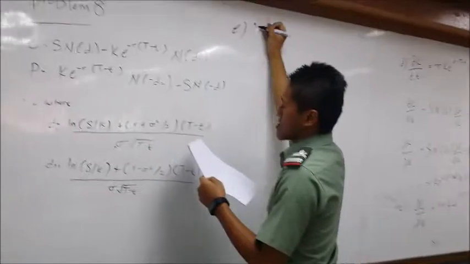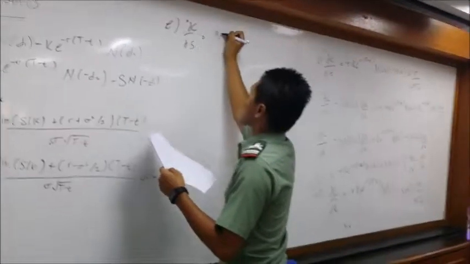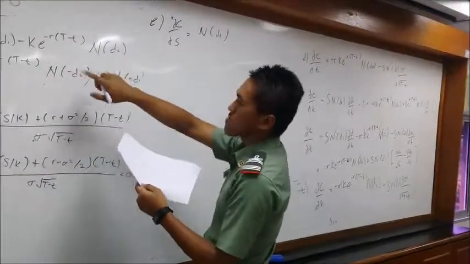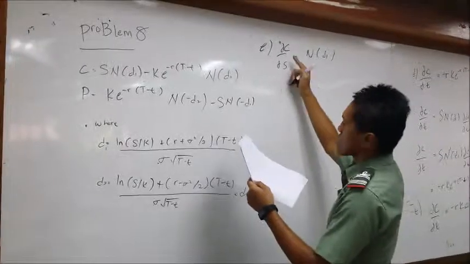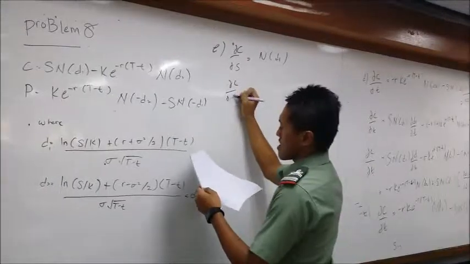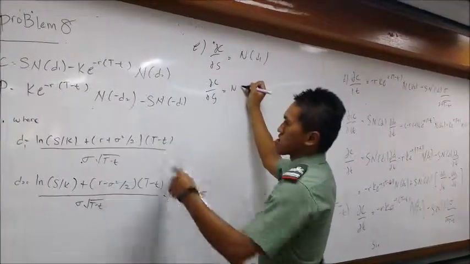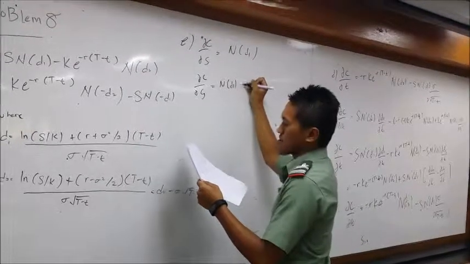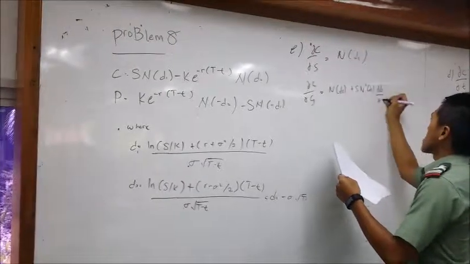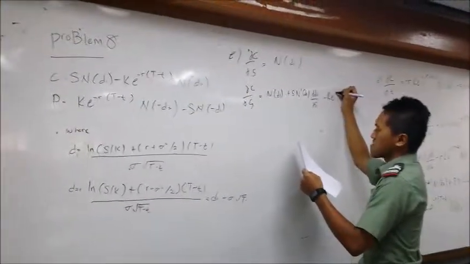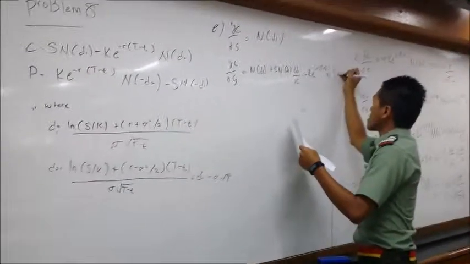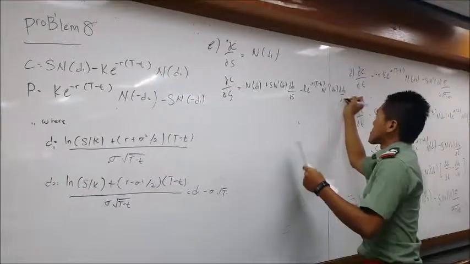Equation E shows that ∂C/∂S equals N(d1). This is just a simple proof. We know that C equals S N(d1). Use this formula, we just partially differentiate C with respect to S. ∂C/∂S equals N(d1) plus S N′(d1) ∂d1/∂S minus K e^(−r(T−t)) N′(d2) ∂d2/∂S.